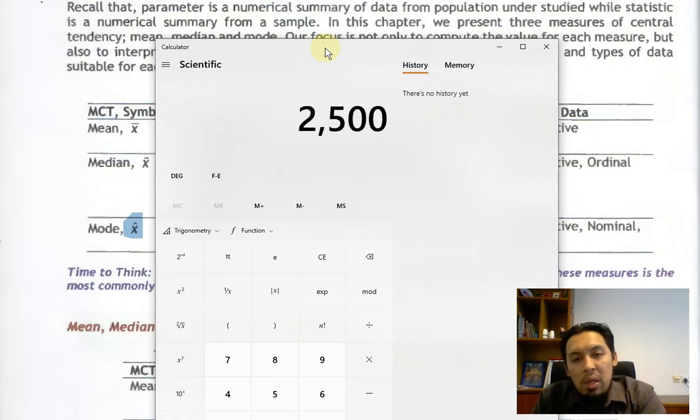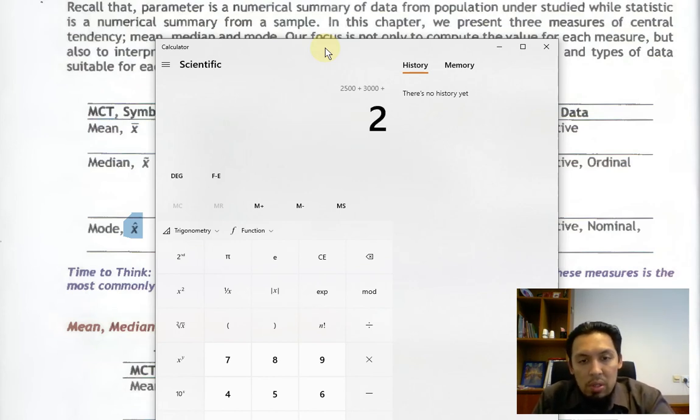Then the second one has 3000. For the third person, the salary is a little bit lower, let's say 2300. Then the fourth person has a salary of 4000. And for the last person, let's make it a salary of 3500.